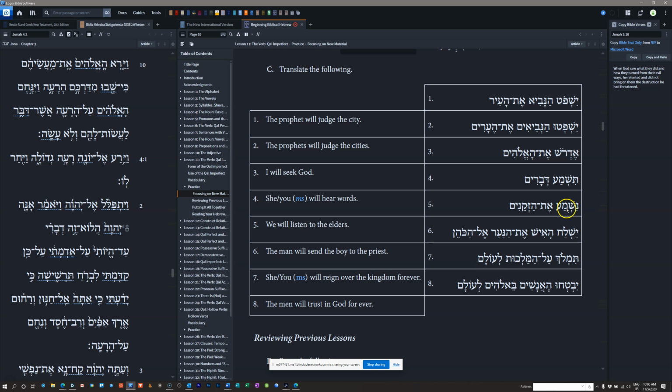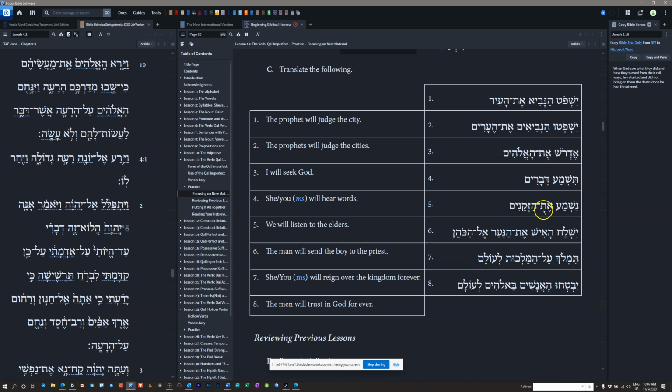So we take that off, we get our root shema. Shema in its lexical form, qal perfect 3MS, means again, he heard or he listened to. Conjugated with the nun prefix in the qal imperfect 1CP, this becomes we will hear or we will listen to. Since it's a first-person verb, it probably doesn't have an explicit subject.